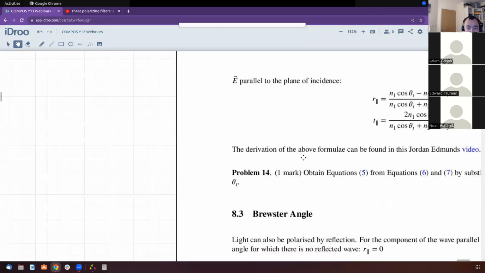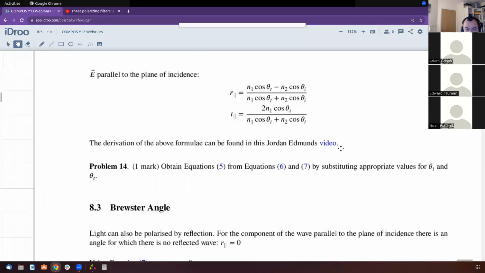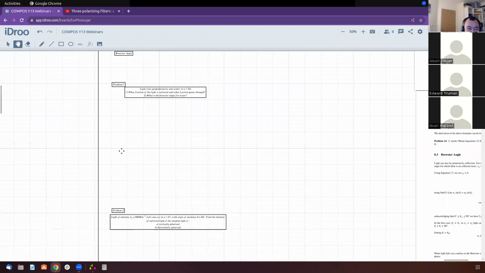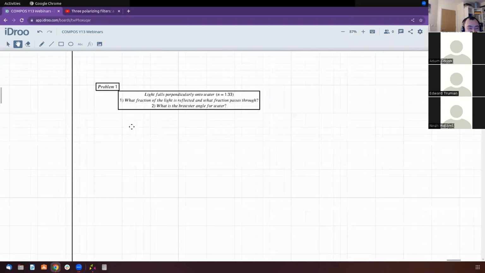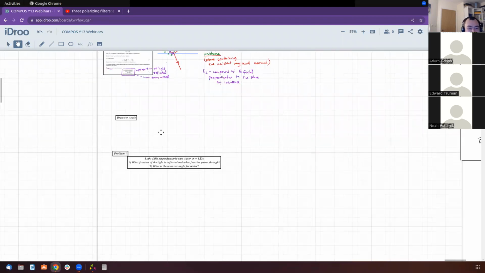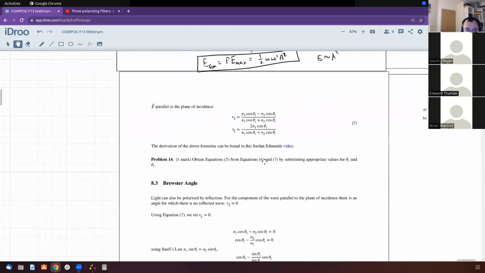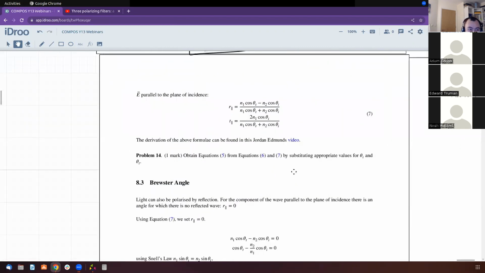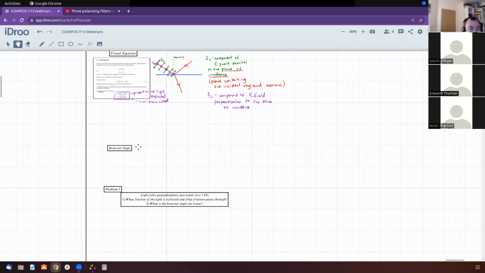Now, I won't be going through this. There is a derivation of this formula. You can't access the video, but you will be able to once it's published. You can search Jordan Edmonds' video, Fresnel Law.